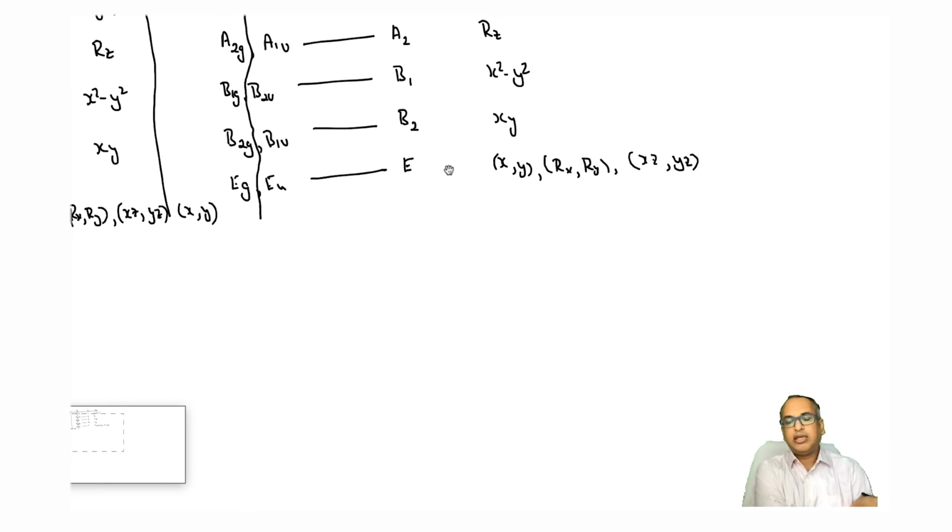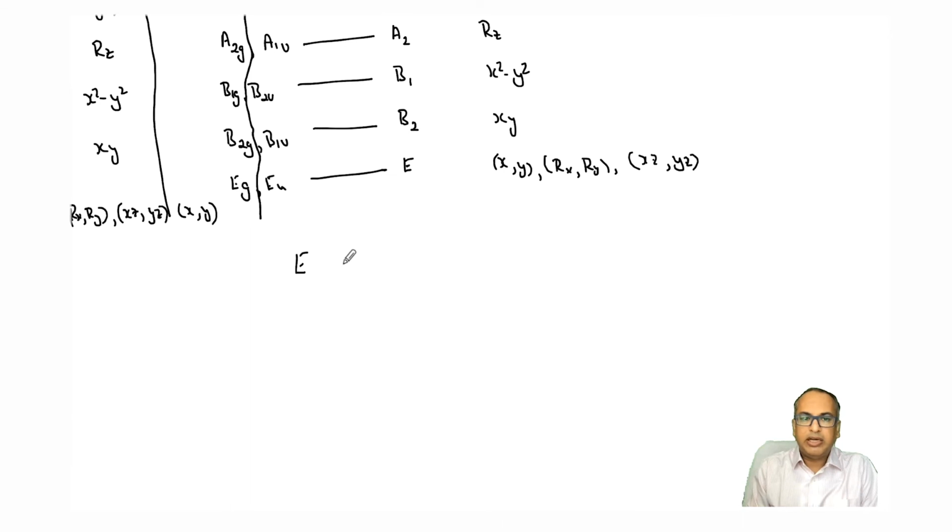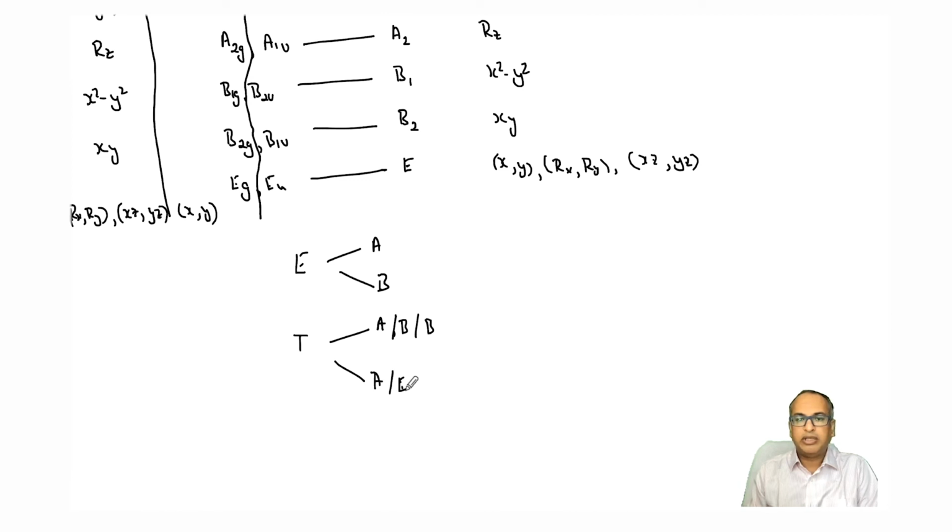For example, E representation might correlate with A or B representation, or a T representation might correlate with A slash B representation, or it can correlate with A and E representation, right?